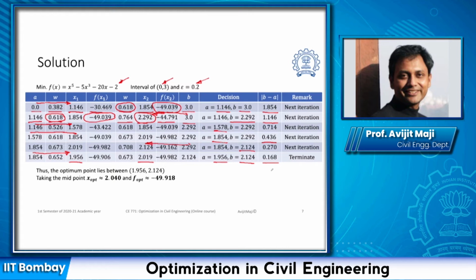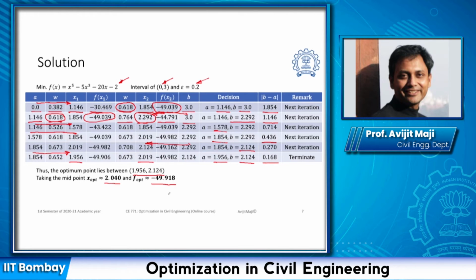And hence we can stop our iteration right here, and then we are reporting that the optimum solution is going to lie between 1.956 and 2.124. The midpoint of this boundary is 2.040, so we are saying that the optimum objective function value is expected to be negative 49.918.